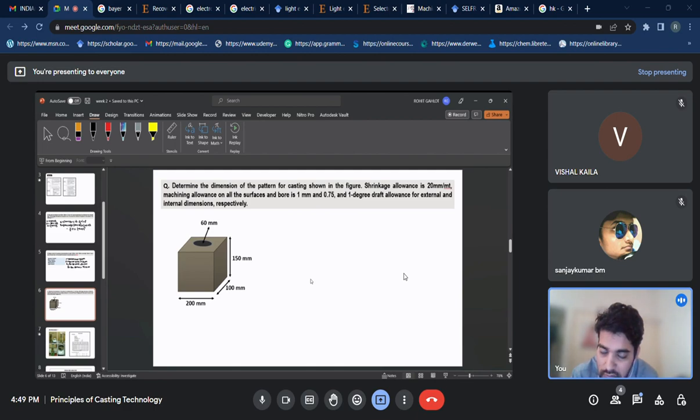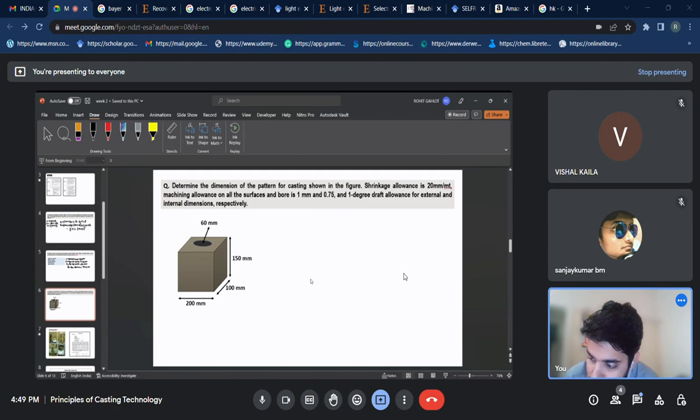For the shrinkage allowance, we can do directly what we were doing previously. We add to the length: 200 plus 200 multiplied by 0.02, and similarly for the length, width and height. For the central diameter it is considered negative: 60 minus 60 multiplied by 0.02. That's how we get the solution for the shrinkage allowance.